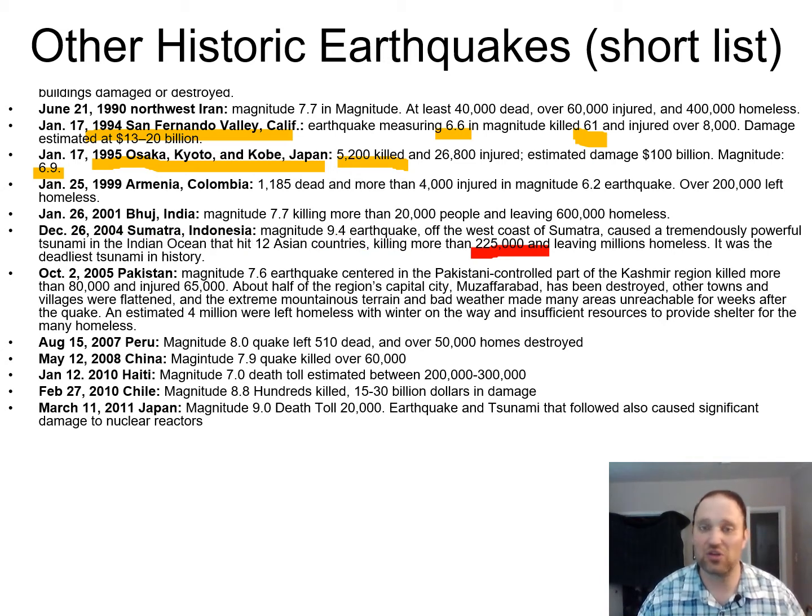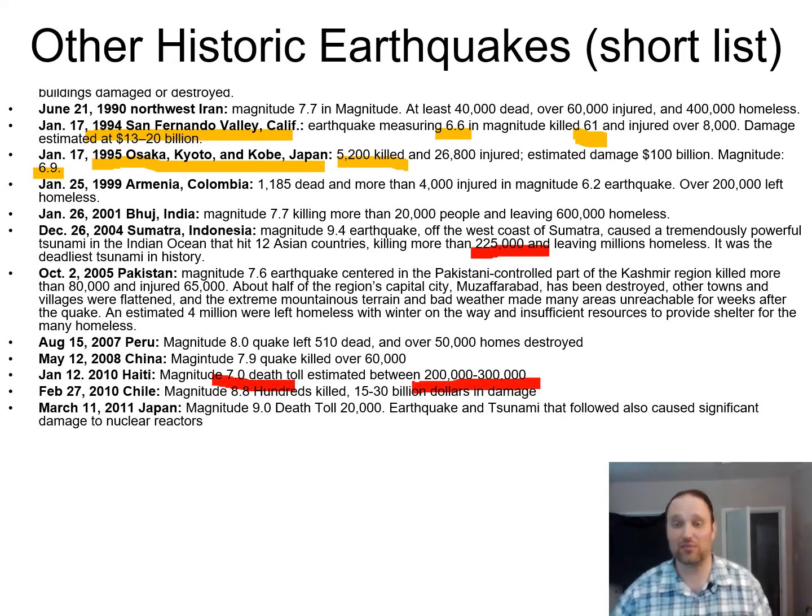Now, if we contrast that to what happened in Haiti, again, Haiti was a 7.0, and depending on whose numbers you use, could have had a similar death toll. And again, that shows the importance of having strict building codes and, well, adhering to them.